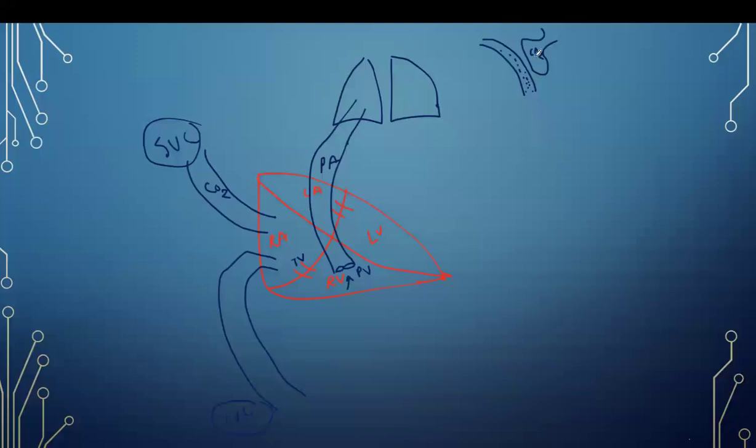There will be gas exchange. This pulmonary artery becomes capillaries, like small blood vessels, and it has the carbon dioxide blood, right?